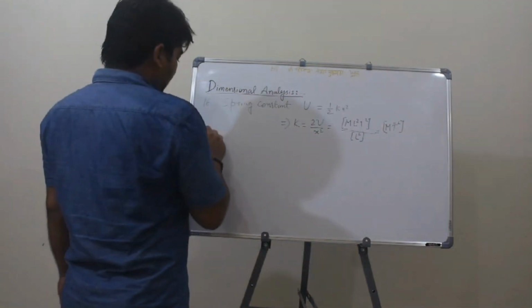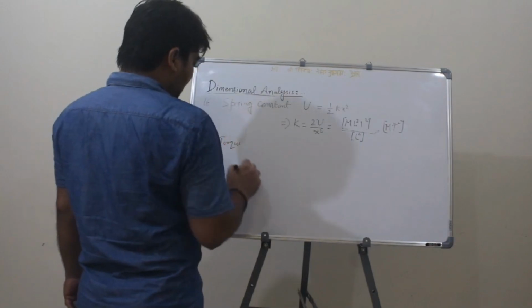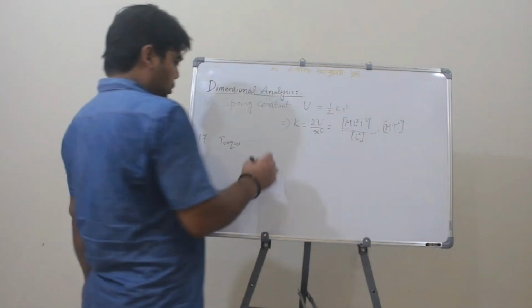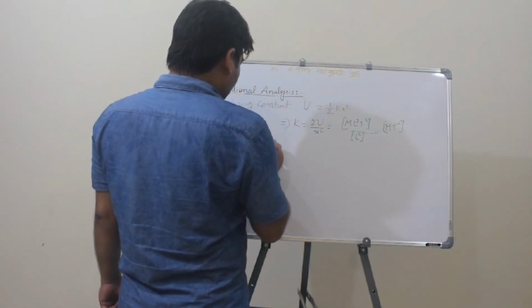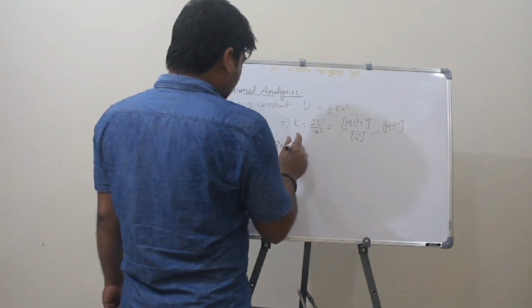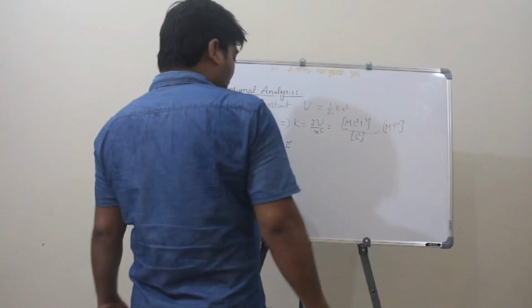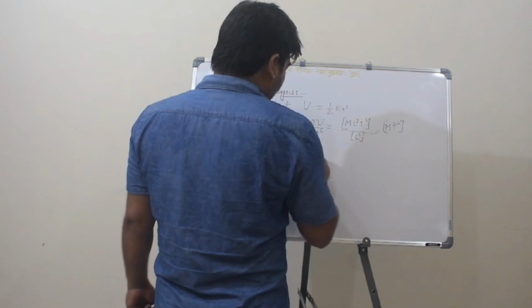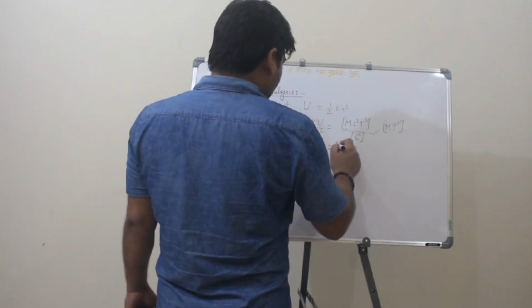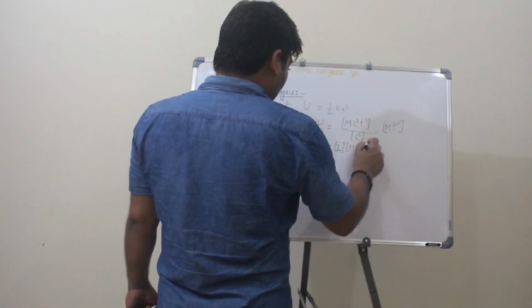Now let us go to another quantity, which is torque. Torque has a dimension of Newton meter because it is r cross F. If tau is the torque, it is r cross F. So in simple terms, tau has a dimension of L multiplied by F, which is M L T to the power minus 2.